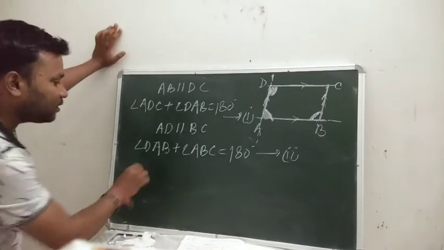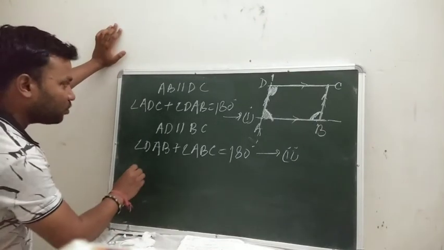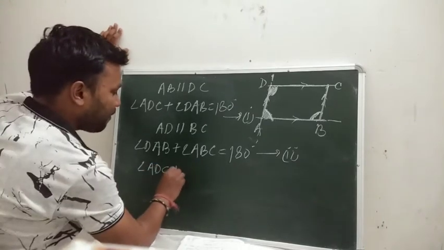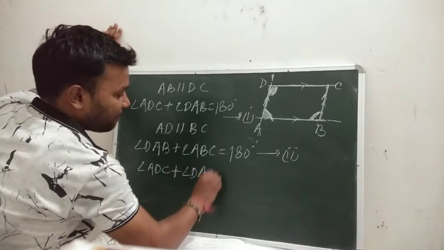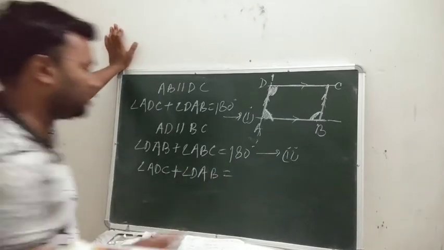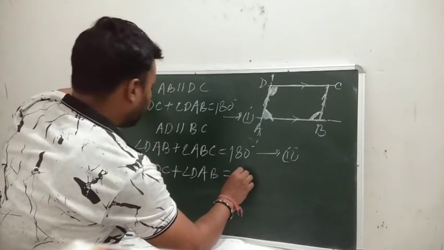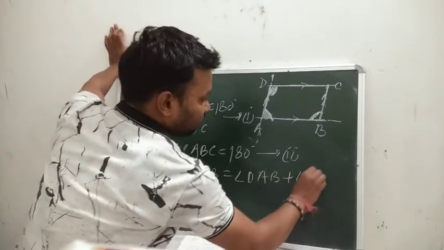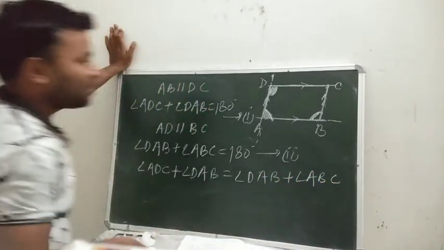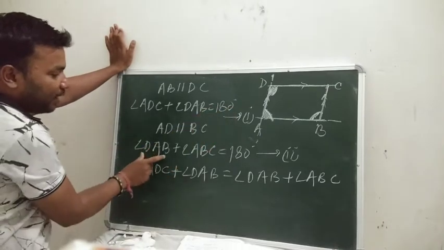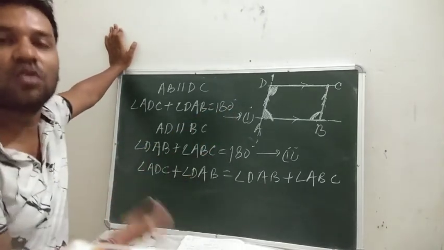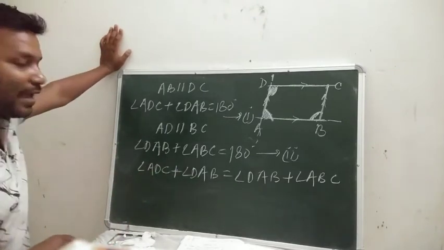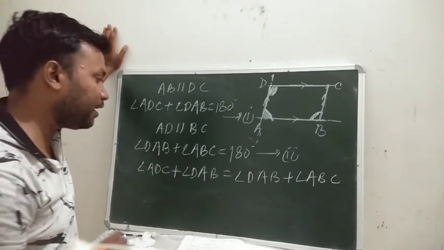So we can write here, with the help of equation 1 and 2, the LHS of equation 1 and the LHS of equation number 2 will be equal, because in place of 180 degrees we can write angle DAB plus angle ABC, which is also equal to 180 degrees. Now on both sides we will cancel out the same, equal quantities.